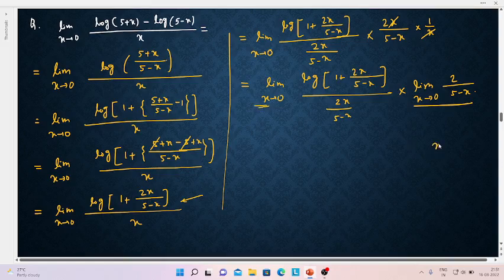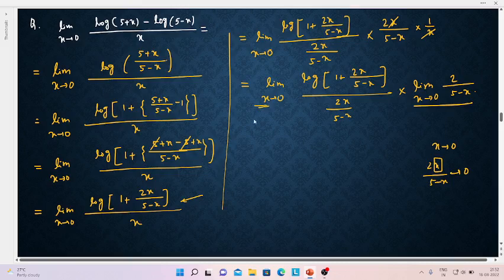As x tends to 0, can you tell me what will be the value of 2x upon 5 minus x? That is always tending to 0, because when you put x equal to 0, the numerator 2x will be 0, and the denominator, 5 minus x, will be only 5, right?